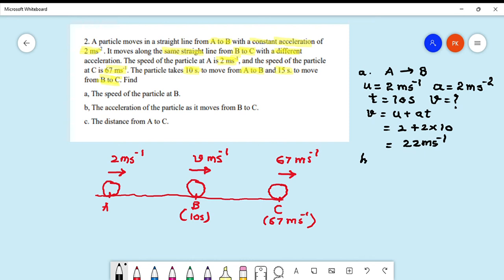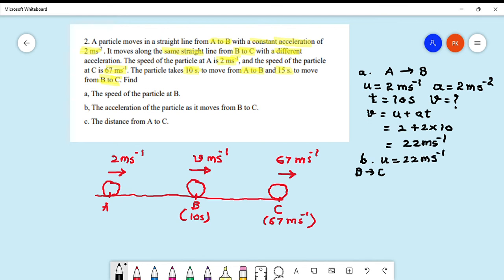Now, you have to find out the acceleration of the particle as it is moving from B to C. Whatever is the final velocity at B for the journey from A to B will be the initial velocity of the particle for the journey from B to C. So for this journey, I will take the initial velocity as 22 meters per second.